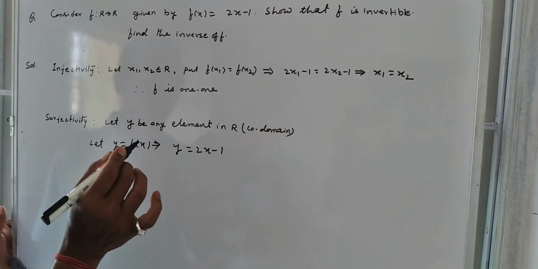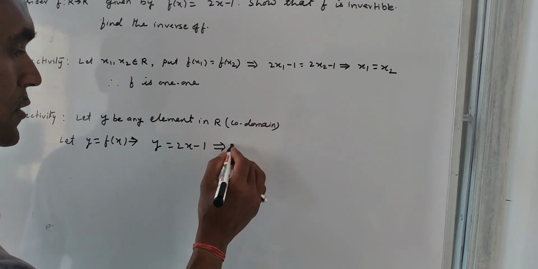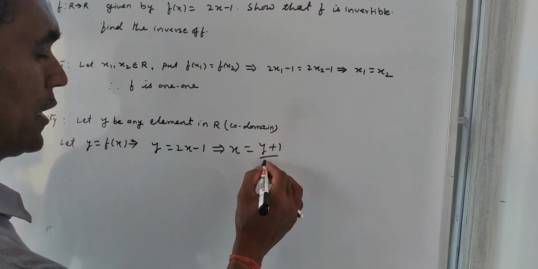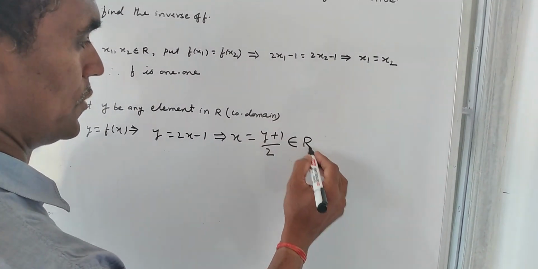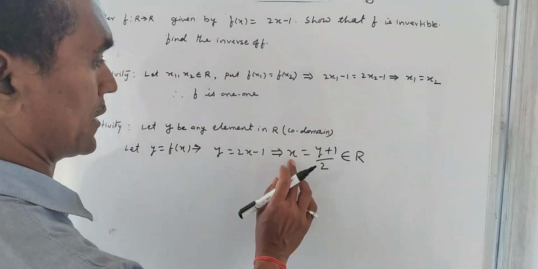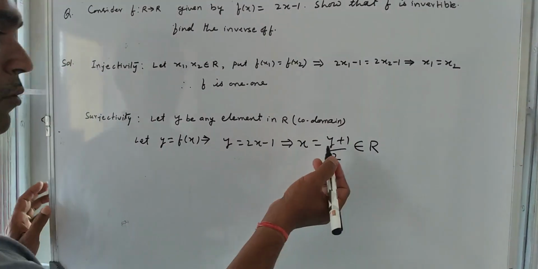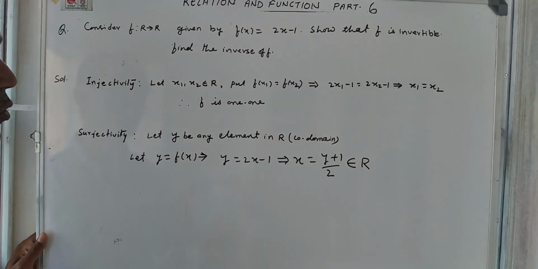Now we will try to find the value of x. So x equals (y plus 1) by 2, which is real. So for every y we are getting x, which is also real. So every y is the image of some element of the domain.